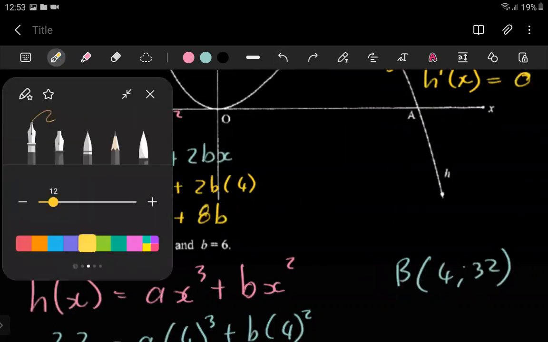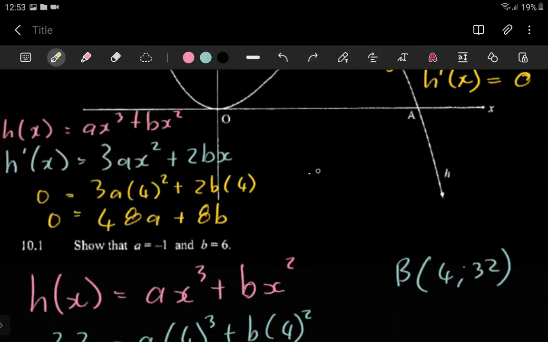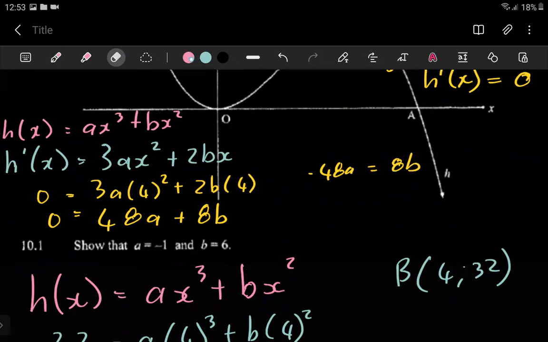It's going to be negative 48. And then we can just divide by 8 on both sides. What is 48 divided by 8? Is it like a 5? Negative 6. It's a 6.